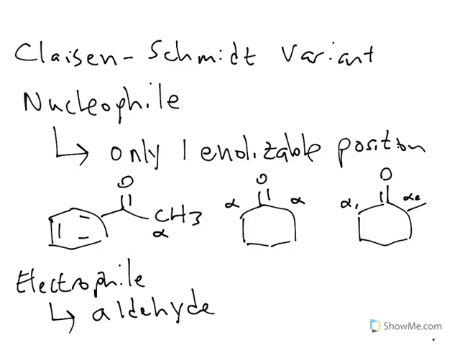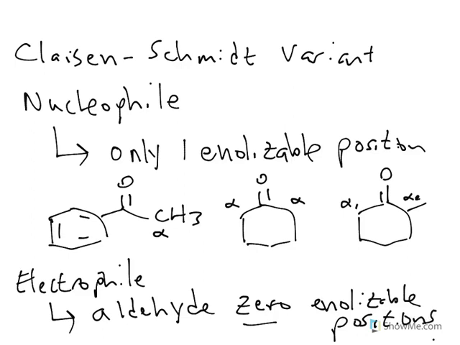And you want these to have 0 enolizable positions. You don't want a competing nucleophile on your electrophile. So if you lock these two in, you're going to have a very synthetically useful reaction. So why don't we take a look at a pair that is quite useful.